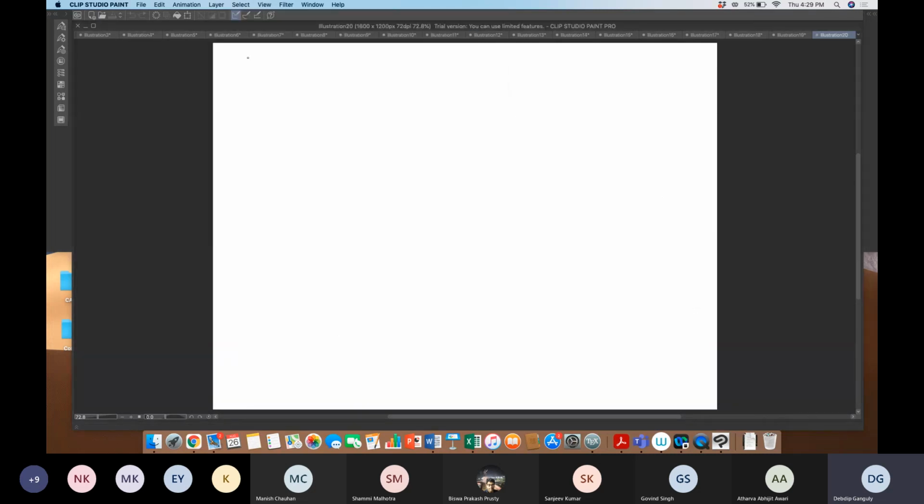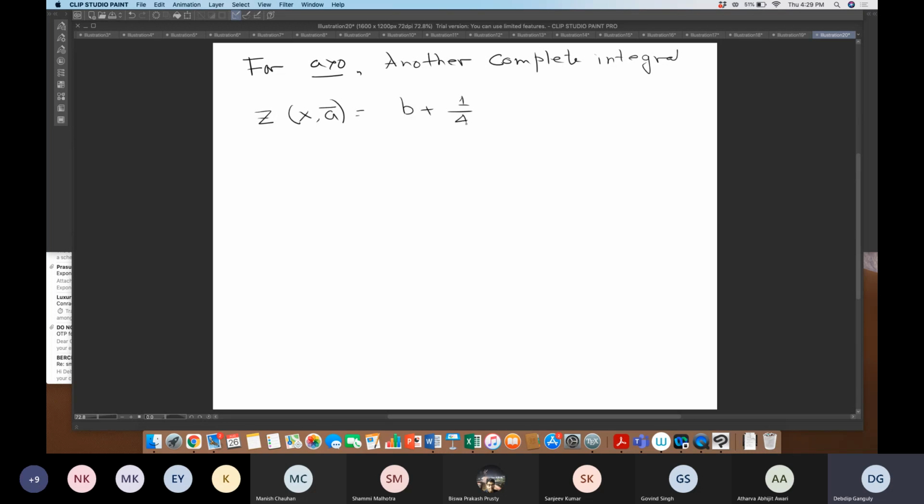So for A positive, we have another singular, another complete integral, which is given by Z of X is B plus 1 by 4 root AX plus Y by root A, whole square.